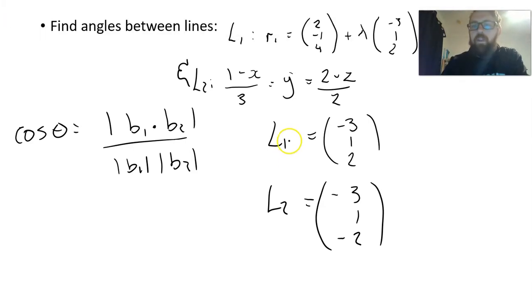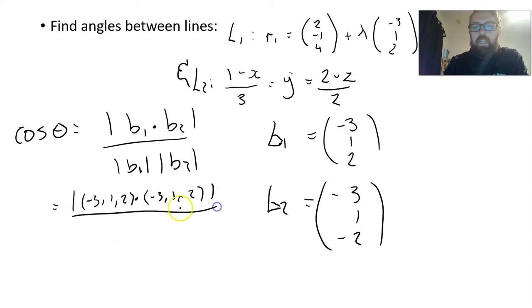Although I labelled these L1 and L2, we're going to treat them as B1 and B2 for this equation. So the dot product between those two is -3, 1, 2 dot product with -3, 1, -2.